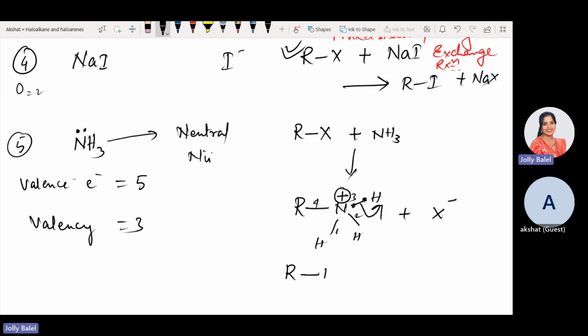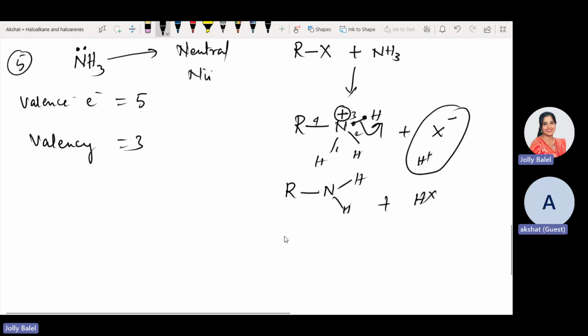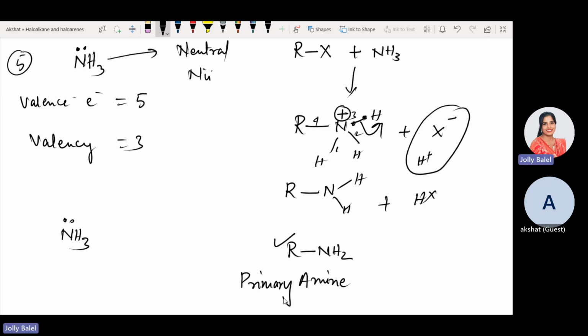So it will become RNH2, and the H plus will form a bond as HX. So when ammonia reacts with alkyl halide, we get RNH2, your amine. This nitrogen is directly bonded to only one carbon, so it is known as a primary amine. Got it?